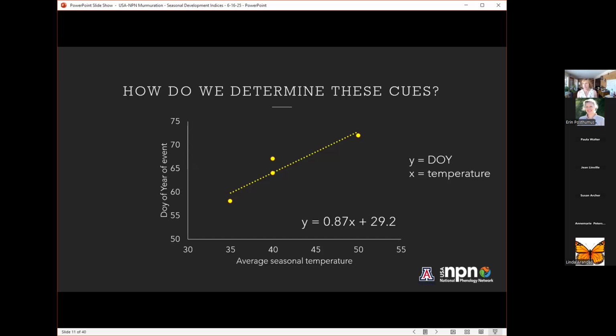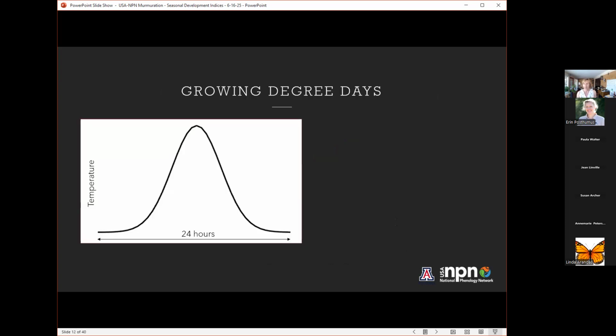And plants are a little more sensitive than just a very coarse measure like average seasonal temperature. You can do a better job at predicting if you characterize temperature more in the way that plants and other organisms actually pay attention to it. What we understand to be true is that they're paying attention on a daily and even hourly kind of scale.